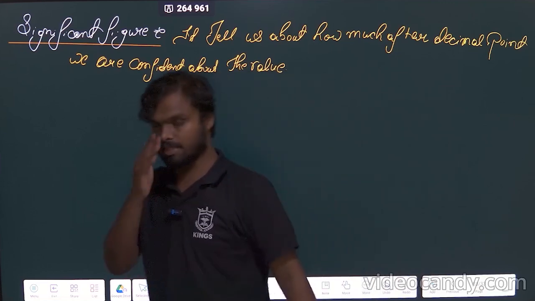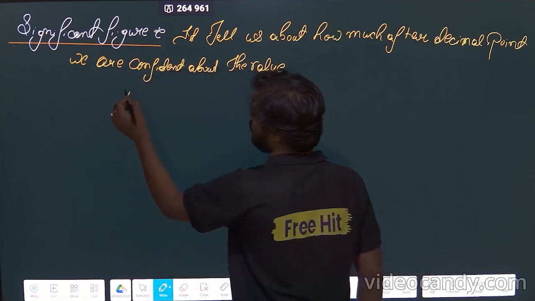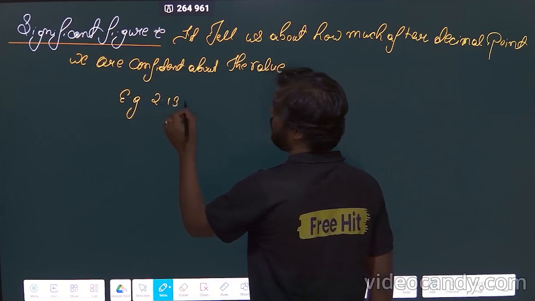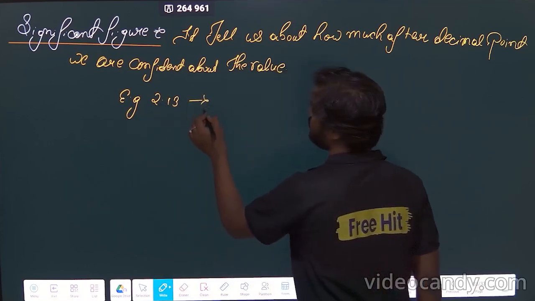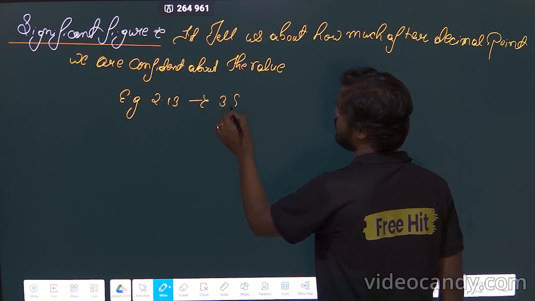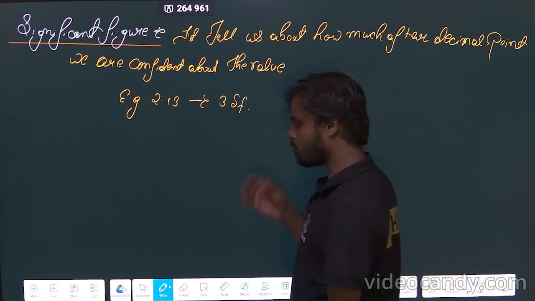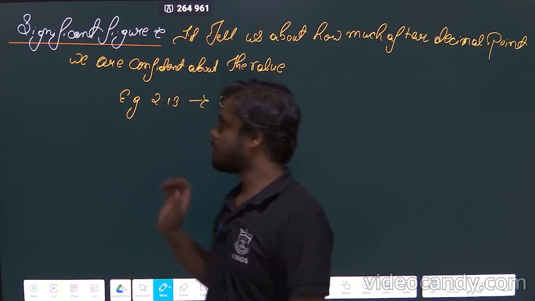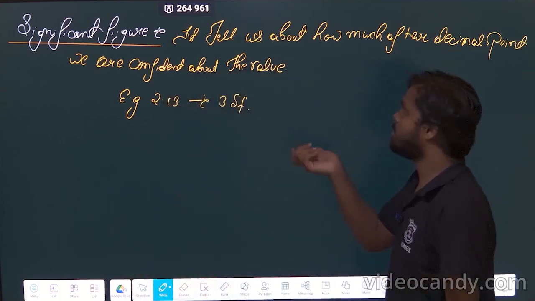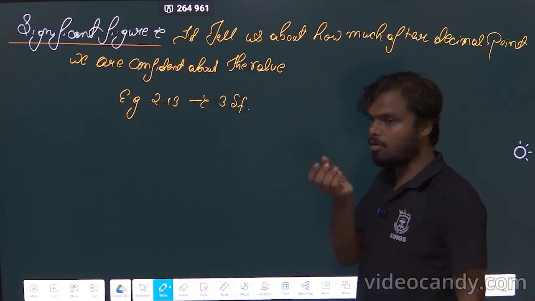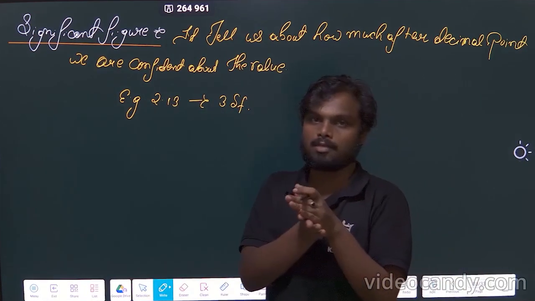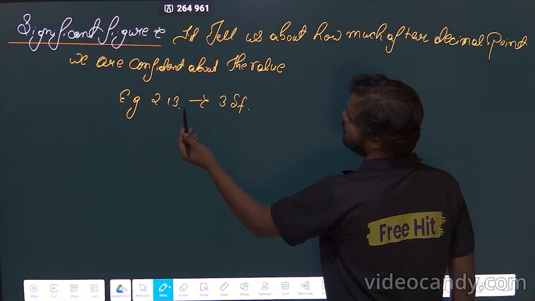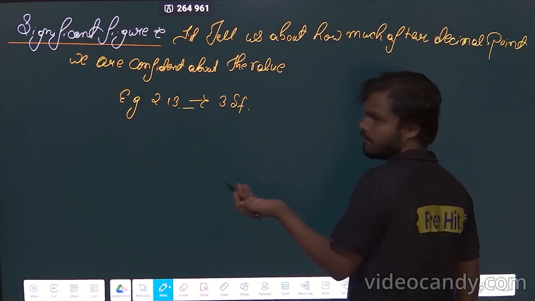That is what represents a significant figure. For example, 2.13. Here how many significant figures are there? There are 3 significant figures. There are a lot of rules to calculate significant figures that we will study, but you should understand what you mean by significant figure. It tells us up to how much value we are confident. The next value I cannot predict, so that is not my significant figure.